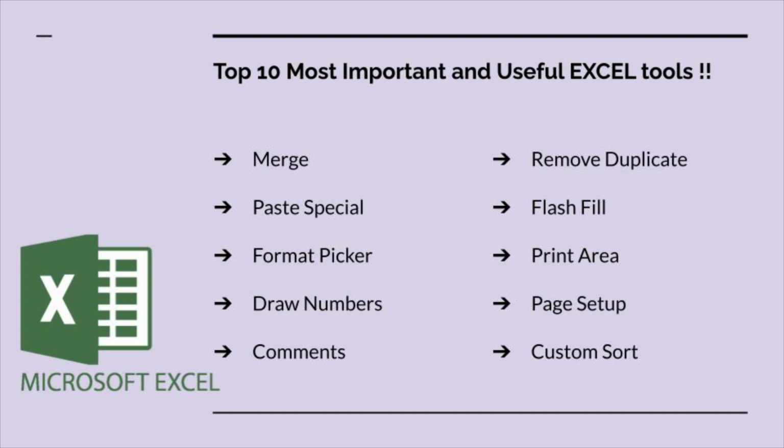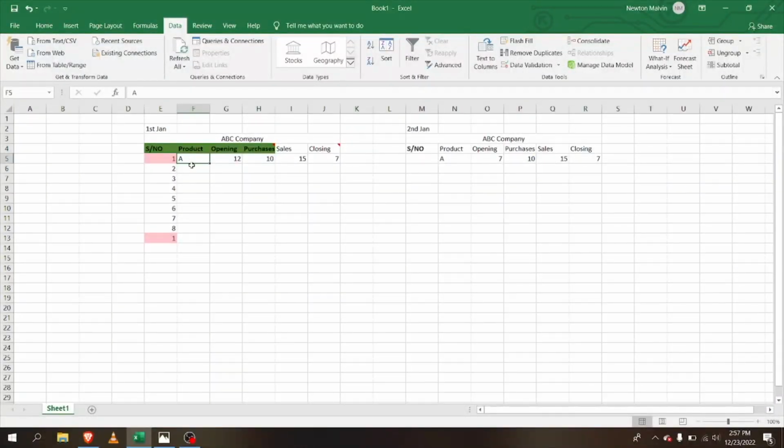Now, what is Flash Fill? Suppose I have some products here, like the A products, and then B, C, D, E. Suppose I have 10 units here, 20 here, 30, 40, and let's say 60 units here.